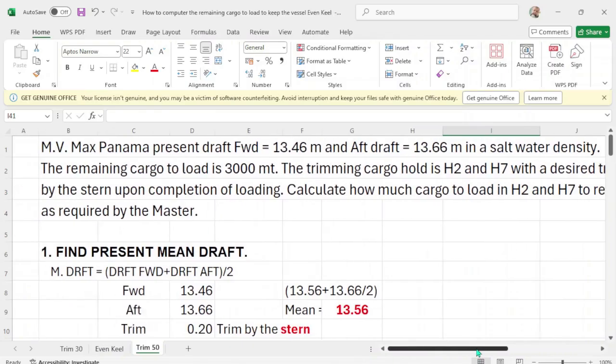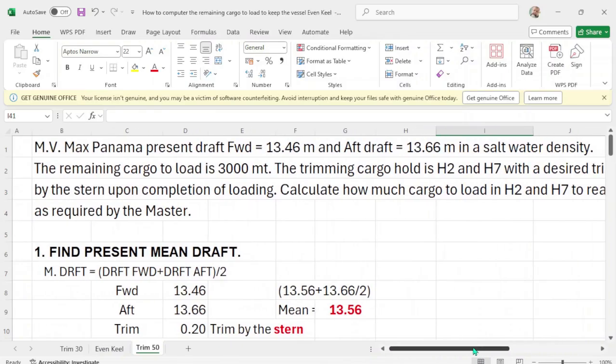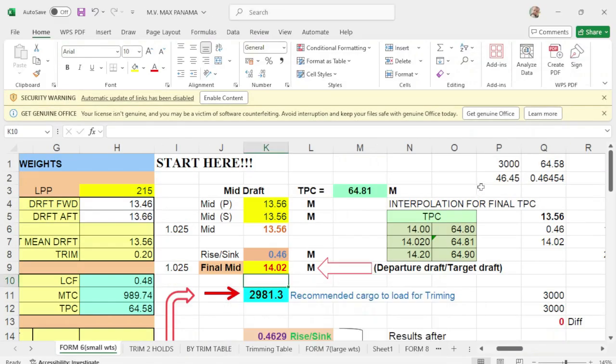Nothing at all. So that's why it says only that your remaining cargo to load is 3,000. That's the reason why 3,000, you divide it with your TPC, then you will get the number of centimeters to reach 14.02.